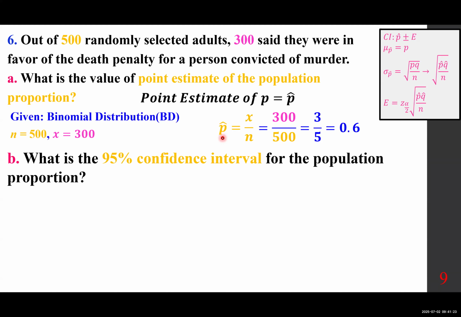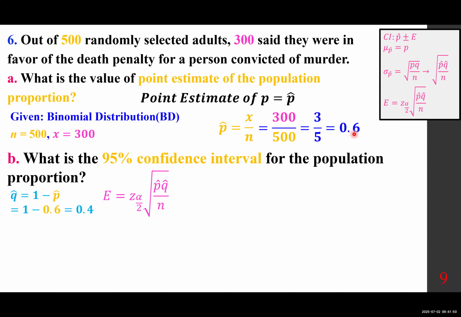We have the formula. So this is the formula we need to use. And with that being the case, we need to find the z, p hat, q hat, n. Well, we have the n, we have the p hat, q hat is 1 minus p hat, so 1 minus 0.6, which makes it 0.4.